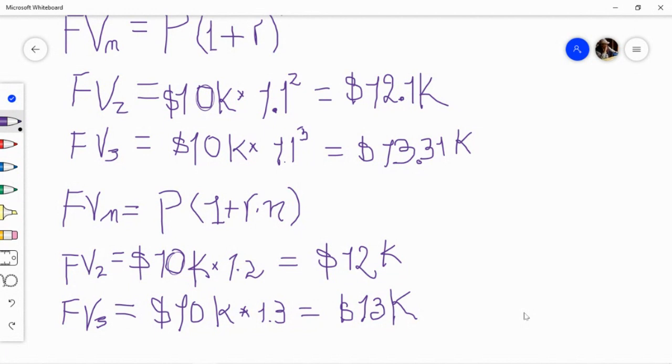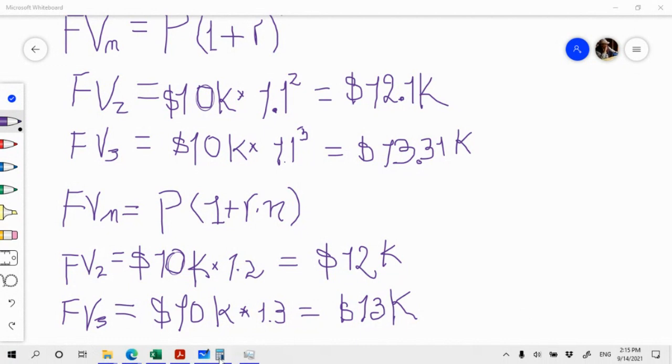Nobody? Can you hear me, Professor? Nobody gets that? What was the question again? I'm sorry. Pay attention. If you're an investor, between the compound interest rate and simple interest rate, which one would you prefer? The compound? Yes, of course. It's a common sense question. If you're an investor, you would prefer compound interest rate, because who would prefer to have 13K over 13.31K?